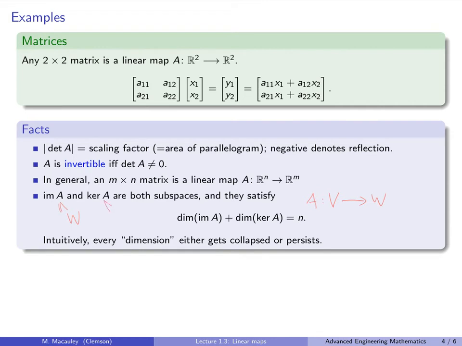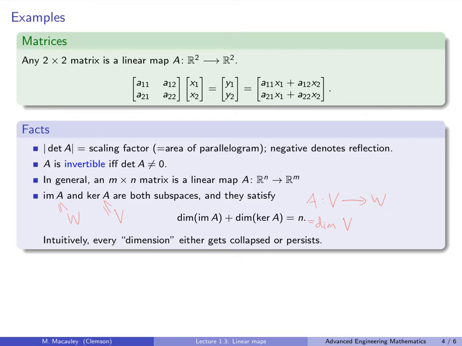So that lies in V. So even though these things are subspaces of different vector spaces, they satisfy the following remarkable relation: if you add up the dimensions of these guys, the dimension of the image plus the dimension of the kernel, you get n. And n here is the dimension of the domain space V. So here that was given, but just in general, let's say this is n-dimensional and this is m-dimensional.